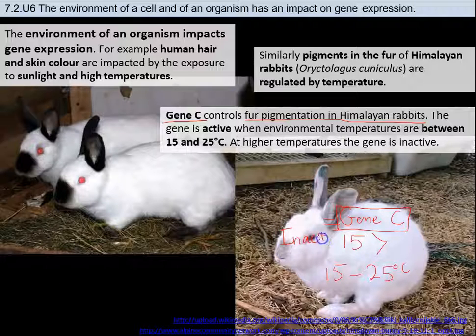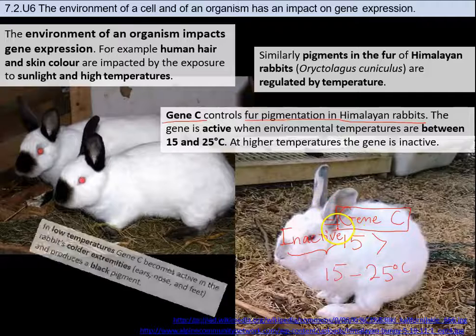It is not active. So when gene C is inactive, it doesn't make the skin color present as a black color, which means that it doesn't activate the pigmentation. So that's why there is no pigmentation, there is no black color happening here.